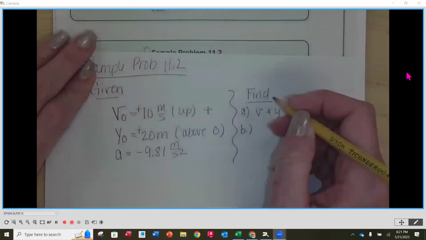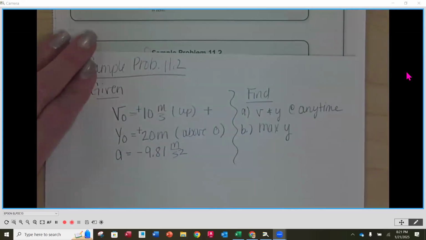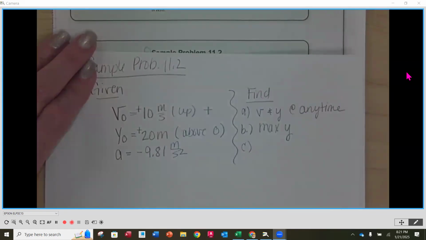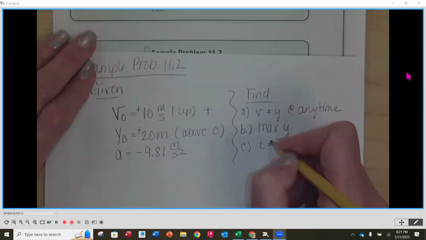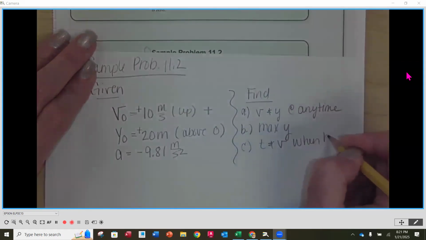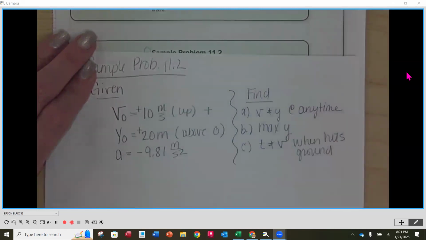Part B says we want to know what the max Y is. So what's its highest elevation? Part C, they want us to identify the T and the V when it hits the ground. Okay, when that ball hits the ground.